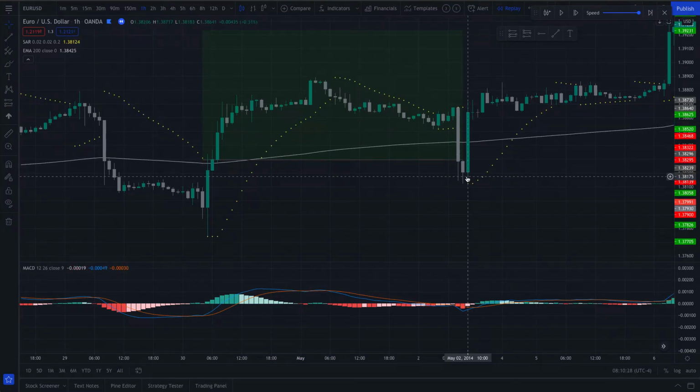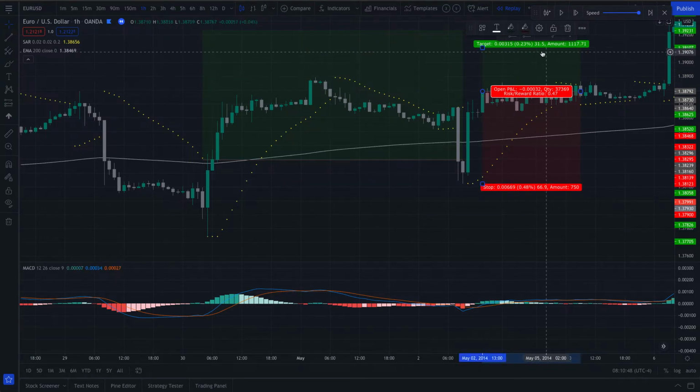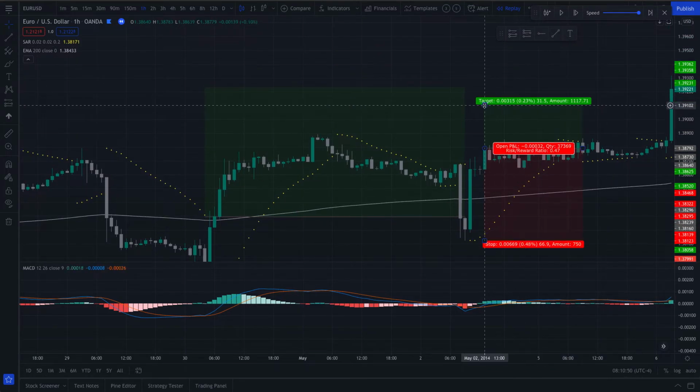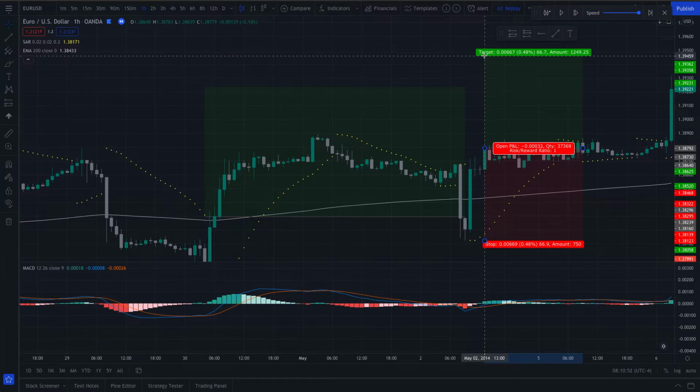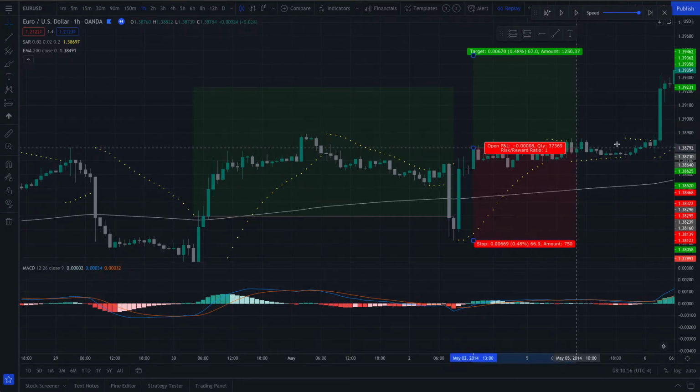So right where it stops out, we can see that we have a new entry signal right here. We have a cross up of the MACD on this candle above the 200 EMA and a PSAR long signal. So we are going to enter on this green candle, stop below, and we're going to target 1-to-1 and let this play out.